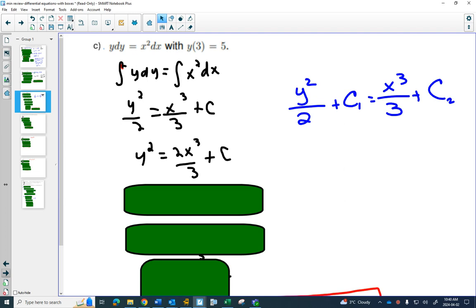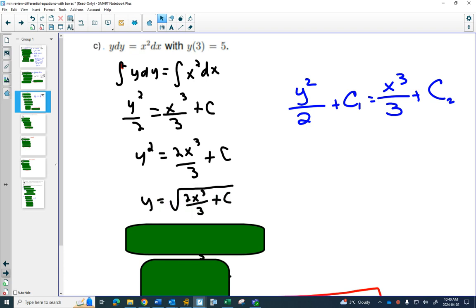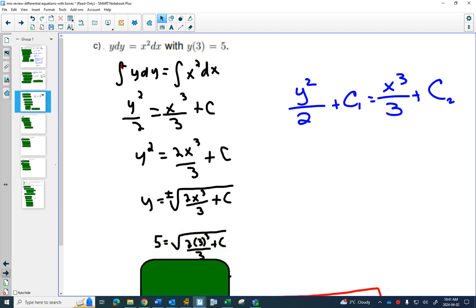Could I get y by itself? Absolutely. I could get y by itself by square rooting both sides and adding a plus or minus. And then I could plug in 5.